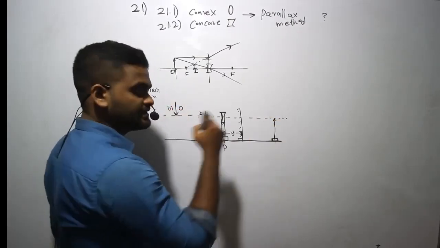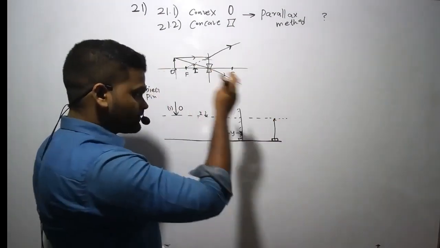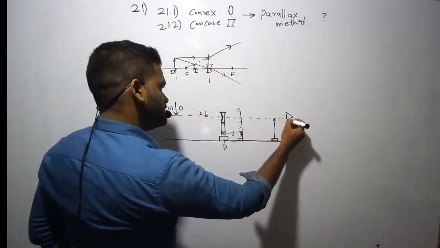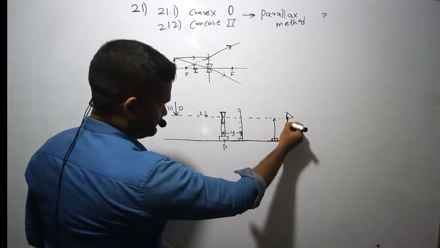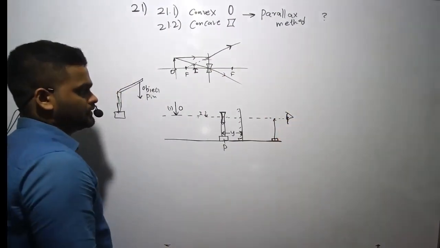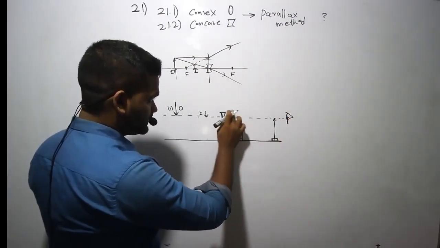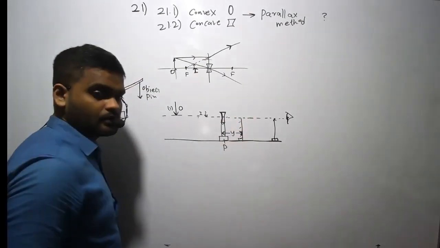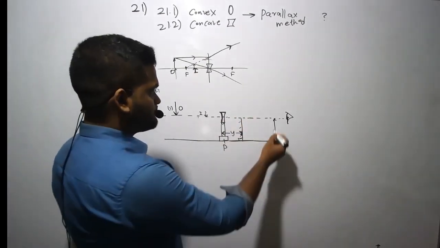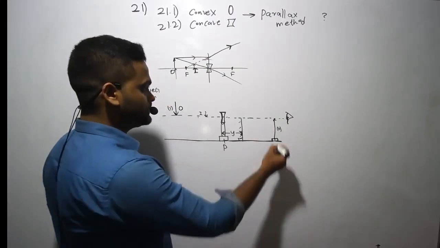Then when you look through here, this is what you are going to see. Sorry, the mirror is not this high. Only half of the lens is covered by the mirror.